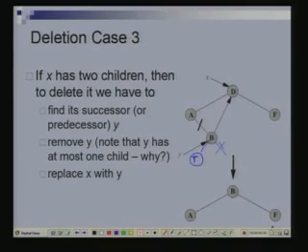So B has only one child or no child. This need not be there. So that's what is being said here. B or Y is the same thing. Y is the reference and B is the content. So sometimes I am calling it B, sometimes I am calling it Y, but this has at most one child.